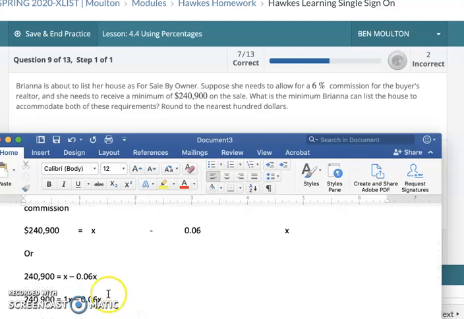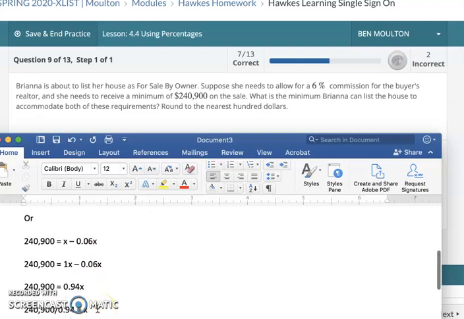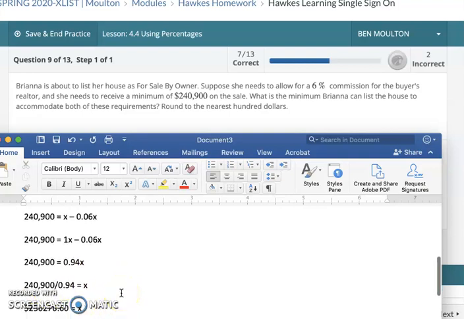Now this is a part that sometimes throws people, what to do with this whole X business with algebra. Remember, X you could rewrite as 1X, right? So we're looking at 1 minus 0.06. That's going to be 0.94. So the long story short here is we'll take 240,900 and divide it by 0.94. And that gives us the answer we're looking for.